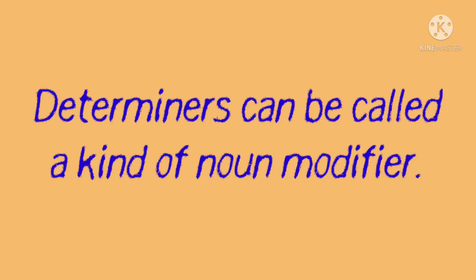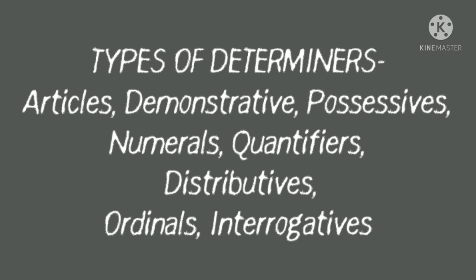Go back to the last example that I have given. When we are saying a boy and when we are saying boy, while modifying we are using a boy, so it's also helping to modify the noun. So these modifiers can also be called the determiners.